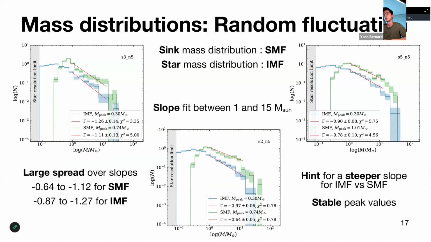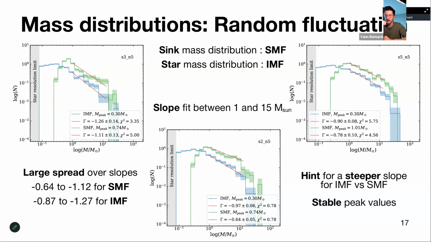On the mass distribution, we also see a lot of fluctuations. Here I'm showing you two distributions: the sink mass distribution at the moment where the stars are released, and the final star distribution in blue here. What we can see is that we have a large spread over the slopes at high mass, which are not really compatible with the canonical models.